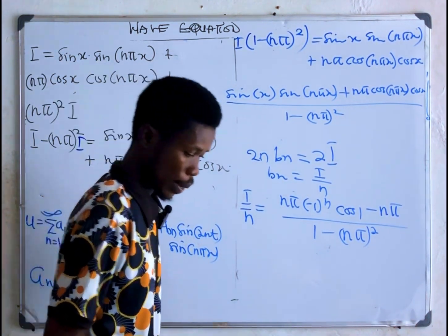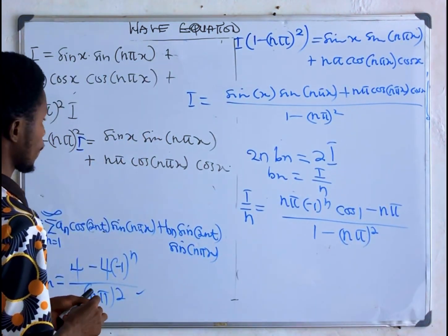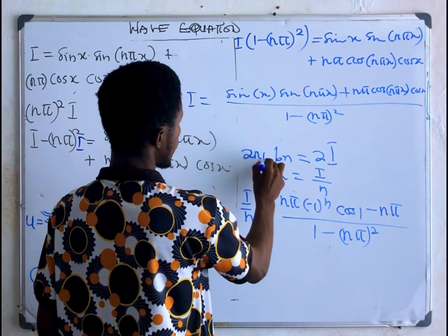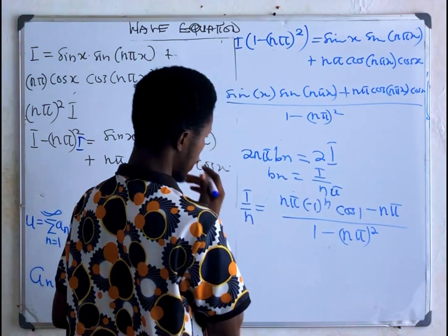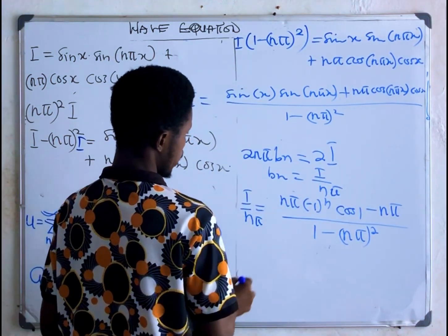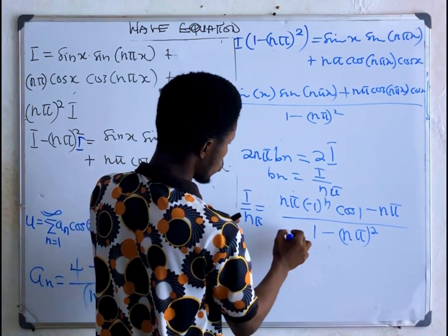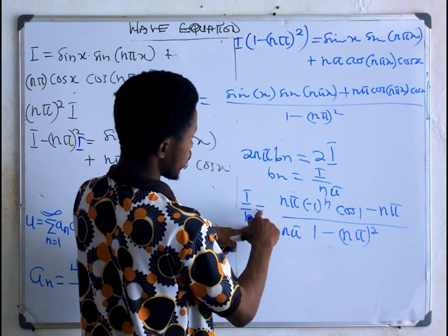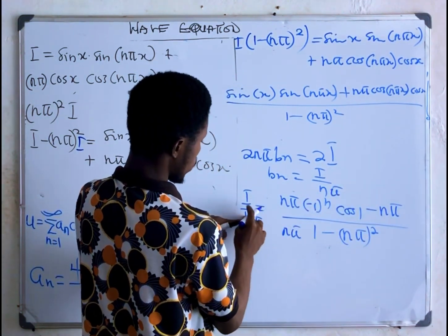Is that okay? Good. Please, this place is supposed to be 2n pi. Okay, so when I divide here, with n pi. So now remember this I is with n pi, so here too there will be n pi here. Since I have I over n pi, and the top one, all this side is n pi divided by n pi.